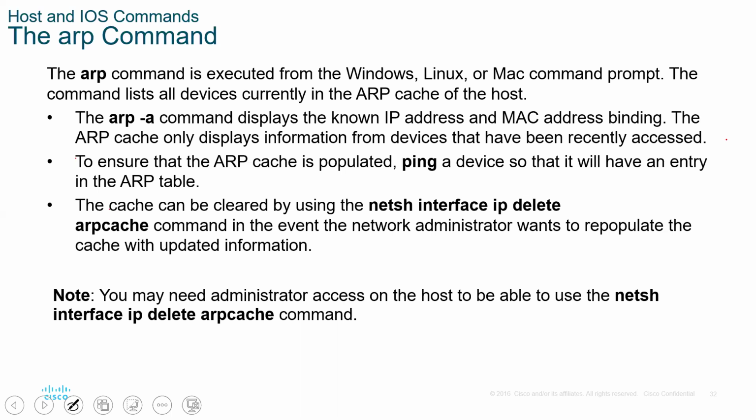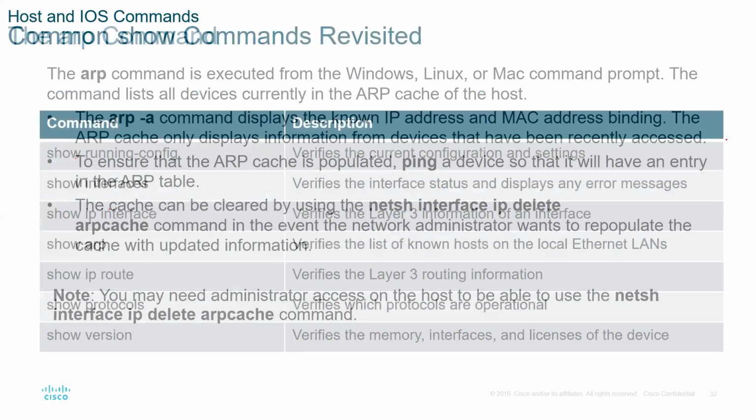The ARP cache only displays information from devices that have been recently accessed. So to ensure that the ARP cache is populated, ping a device so that it will have an entry in the ARP table. The cache can be cleared by using netsh interface ip delete. So that is that one.